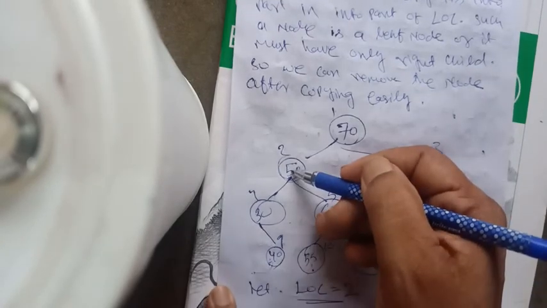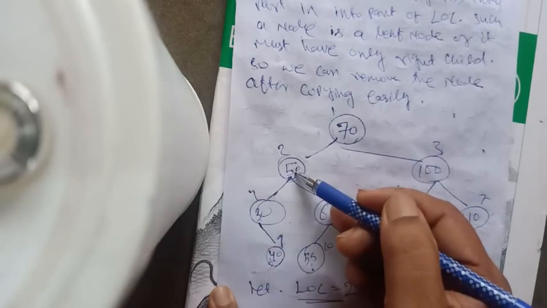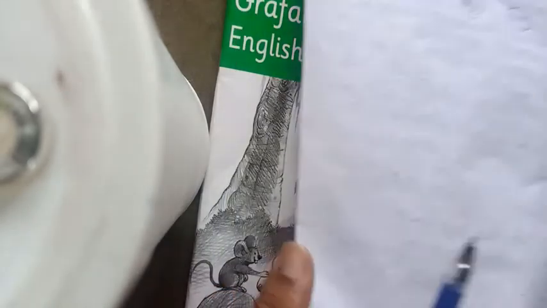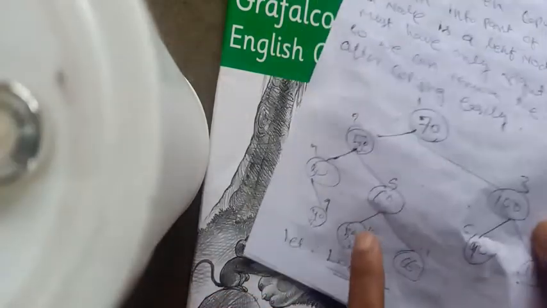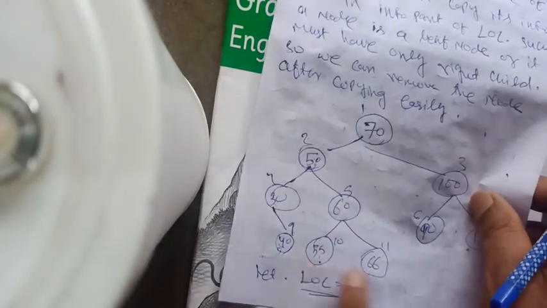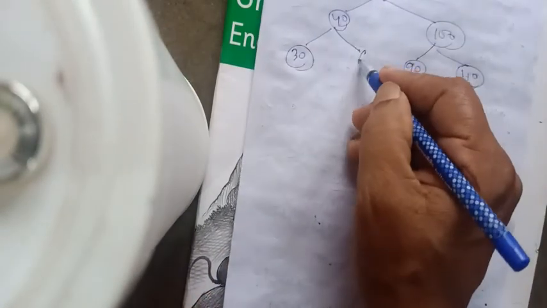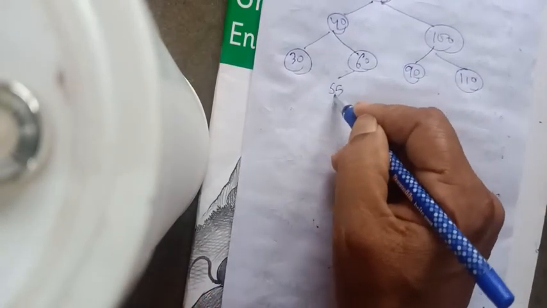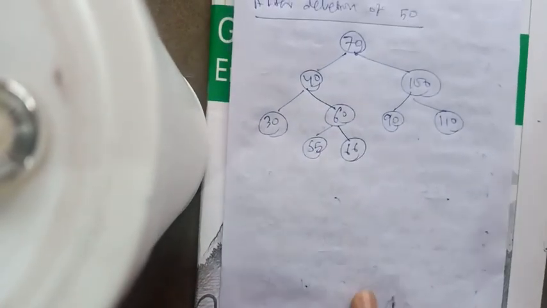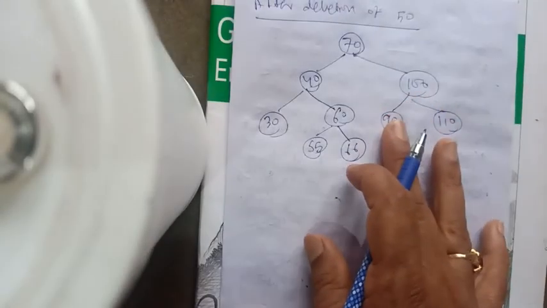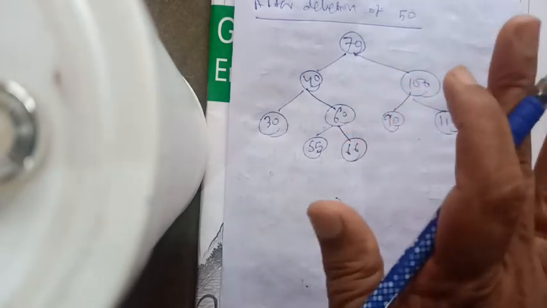Instead of 50, 40 is placed here. Who was in the left of 50? 30. Now when 40 is placed here, left of 40 will be 30 and right of 40 will be 60, then 55, then 66. Okay, clear? Now this is also a binary search tree. The binary search tree property remains intact.